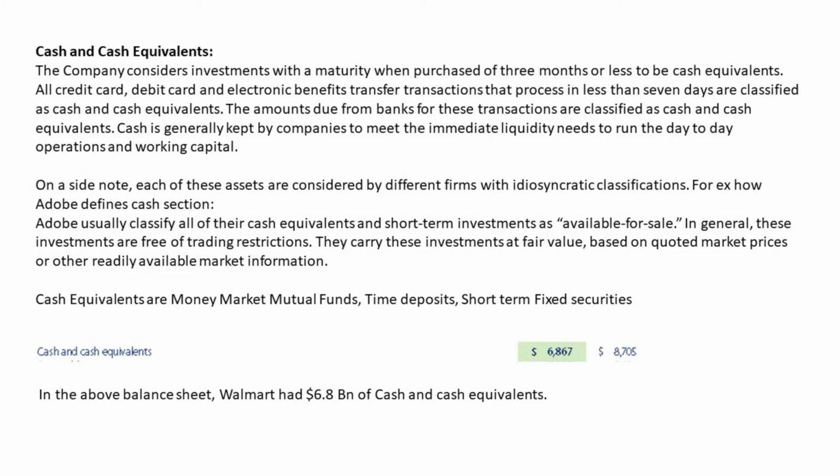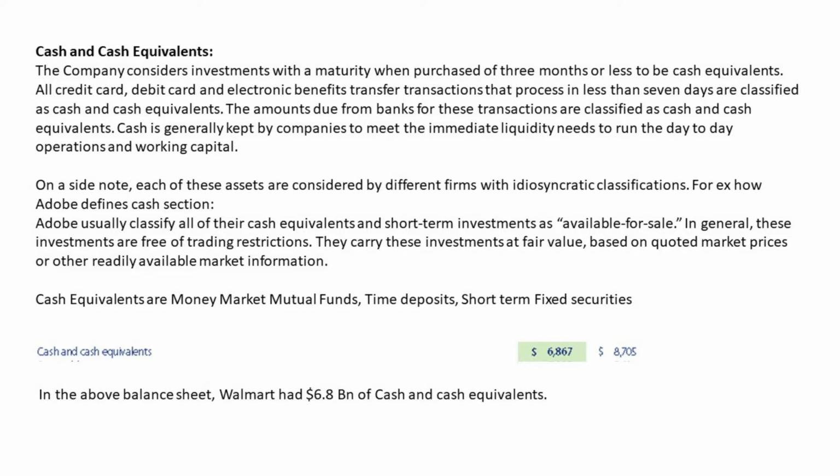For example, in terms of how Adobe defines its cash section, Adobe usually classifies all of their cash equivalents and short-term investments as available for sale. In general, these investments are free of trading restrictions. So they carry these investments at fair value based on quoted market price or mark to market information, and typically cash equivalents are money market mutual funds, things like time deposits, short term fixed securities, etc.